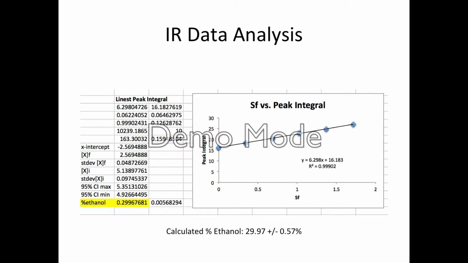The way I calculated the standard error was I did the standard deviation divided by the total molarity of ethanol. It's 0.57%, which seems a little bit low, but the important part is that the calculated ethanol percentage is about 30%, which is instead of on the high end, we're 10% lower than we want to be.